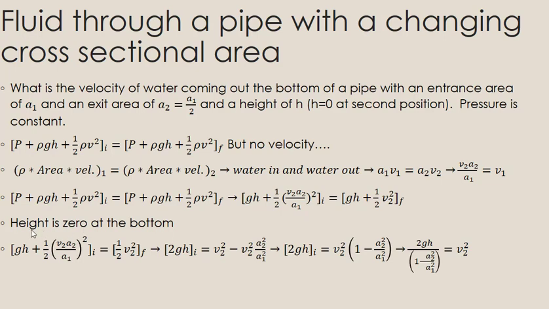All right, so moving on, height is 0 at the bottom. That means that the height component goes away. It's 0, okay? 0 times G is just 0. So now we have this GH plus 1/2 of this V1, which represents V1 squared, equal to 1/2 V2 squared.